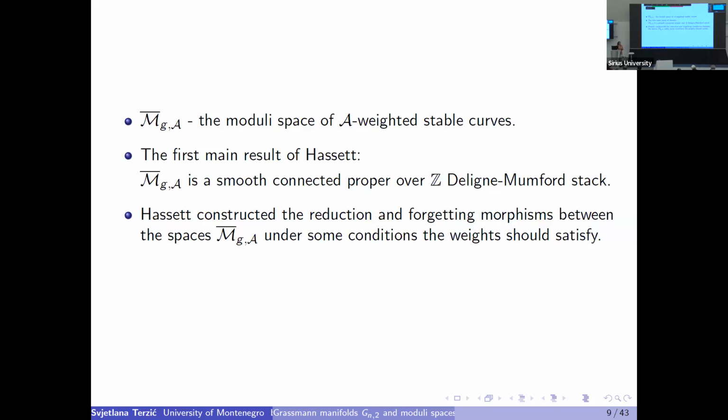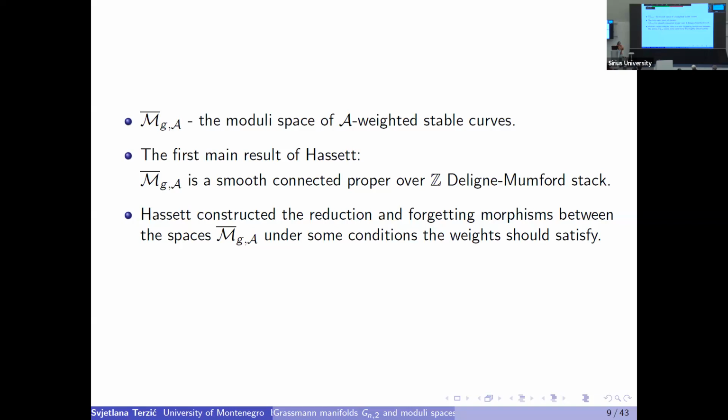He generalized this notion, which already existed in Deligne-Mumford theory. So, as I said, on one hand we have our model for the orbit space of the Grassmann manifold, and on the other hand we have this theory of Brendan Hassett, which was developed later, on the weighted stable n-pointed curves.